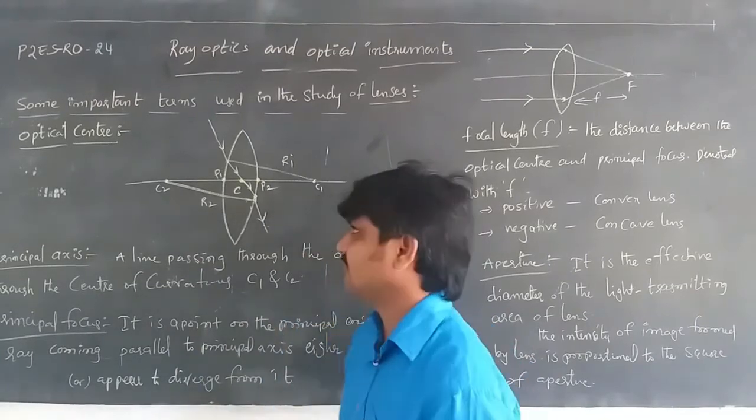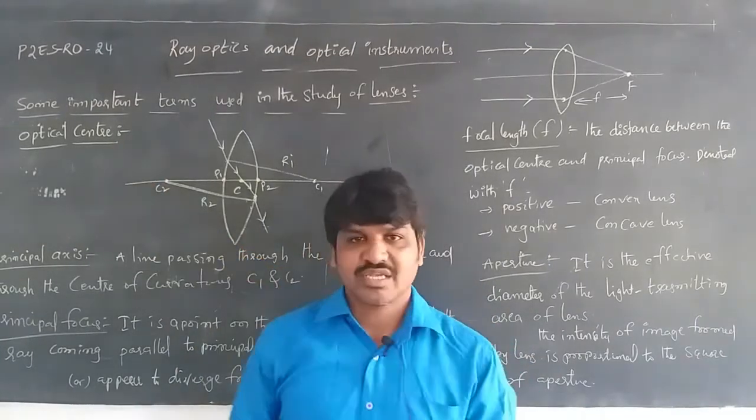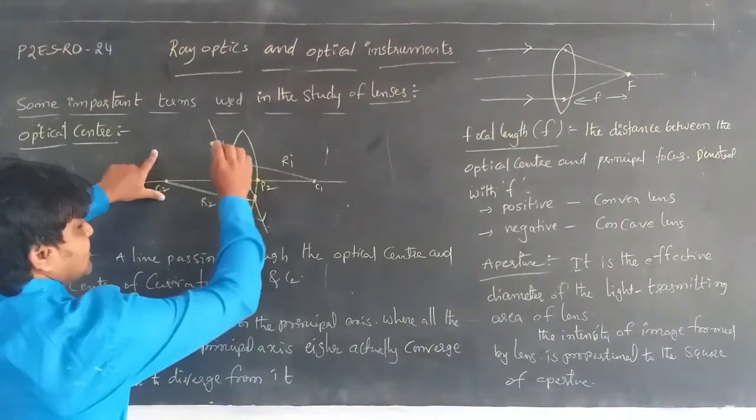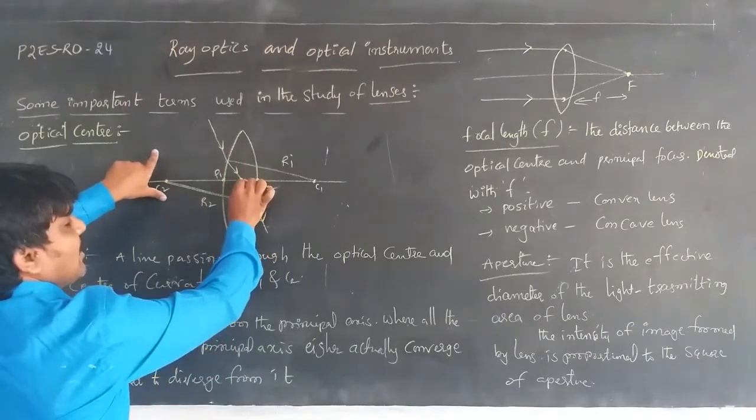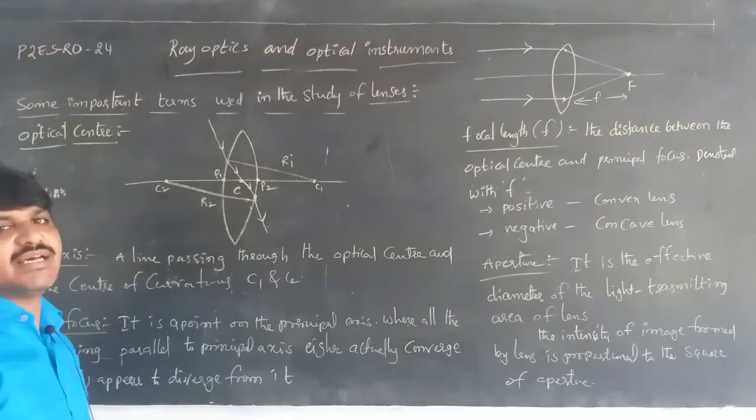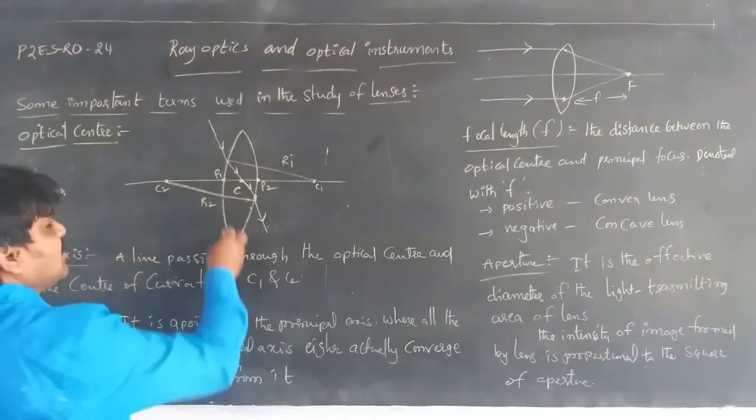First of all, optical center. The optical center is a point which divides the lens by its radius of curvature.